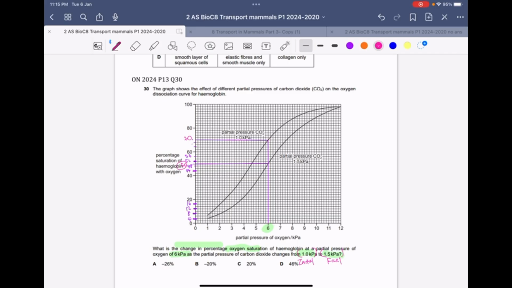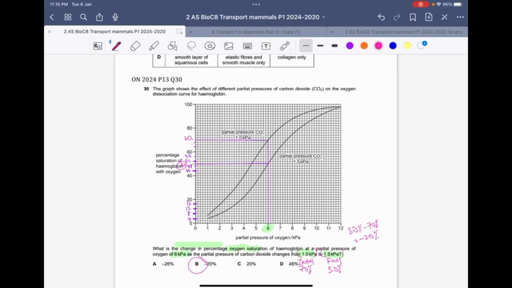And then 1.0 kPa at the 6 kPa, it will reach about 70% saturations of hemoglobin with oxygen. So that's why it is 50% and initial is 70%. So that's why 50% minus 70%, you get negative 20%.